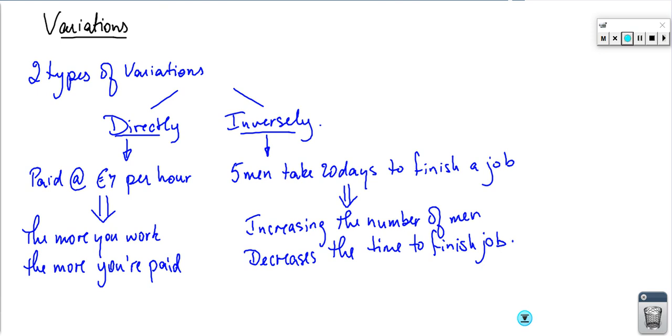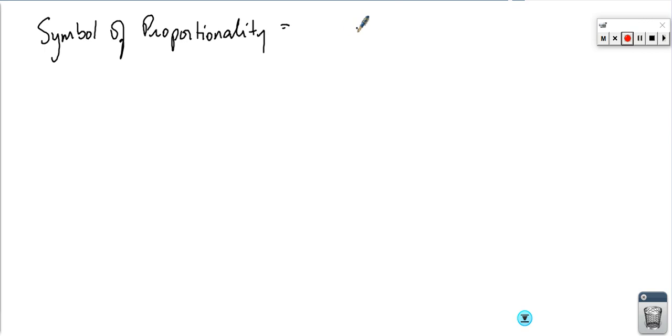Now, in mathematics, we find the symbol for proportionality. The symbol of proportionality is this symbol here, and that symbol stands for, we could write down, equals a constant instead of it.